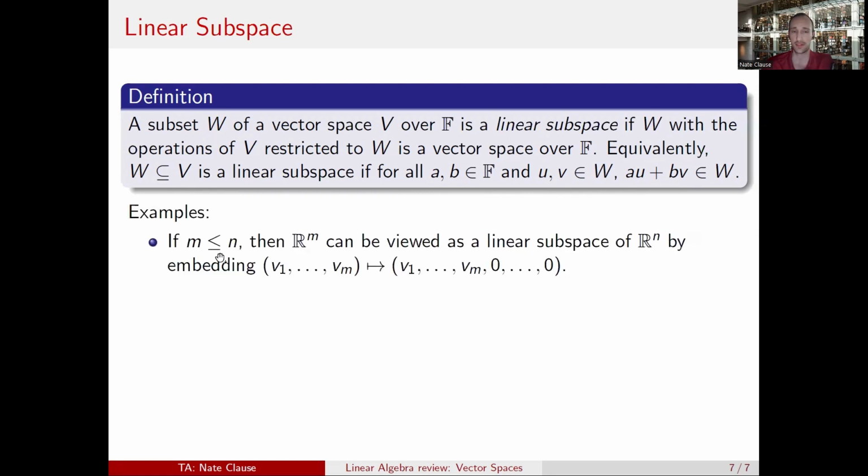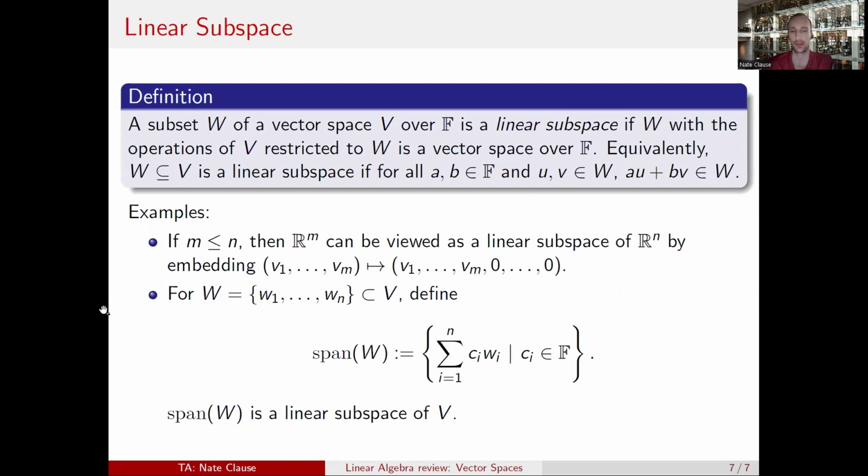So here are a couple examples. If m is less than or equal to n, then m-dimensional Euclidean space can be viewed as a linear subspace of n-dimensional Euclidean space by embedding v1 through vm into the first m coordinates, and then just tacking on zeros at the end of each vector.